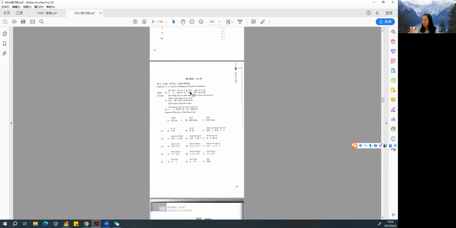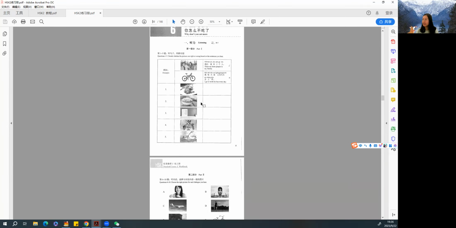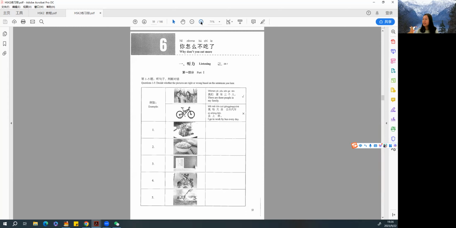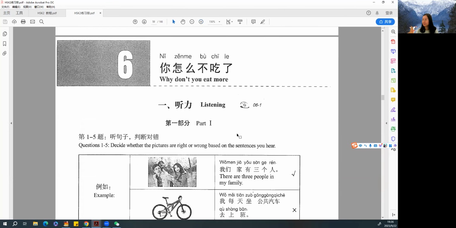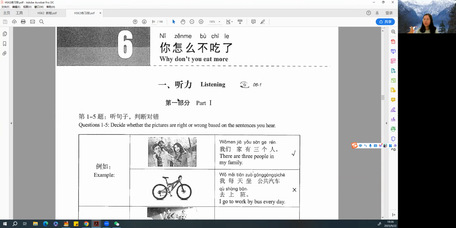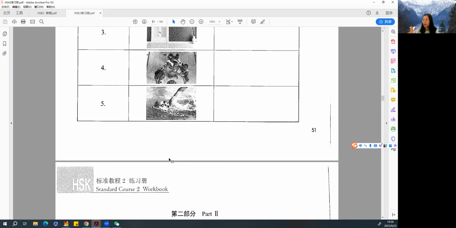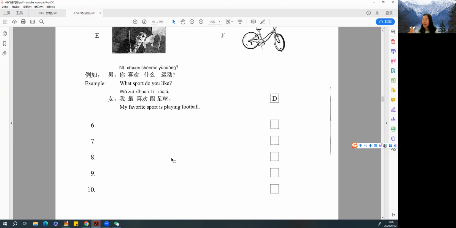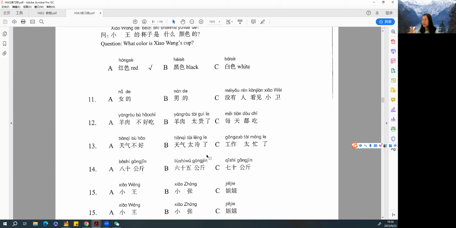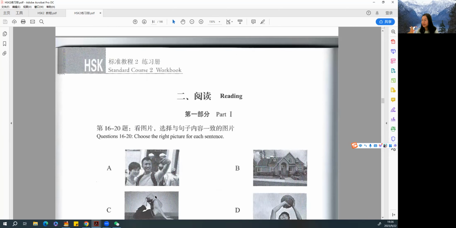Right, lesson 6. What's the title of lesson 6 again? 你怎么不吃了? Great job. So the first part, you are going to practice your listening by doing all those exercises. And we are going to take a look at the reading part today.